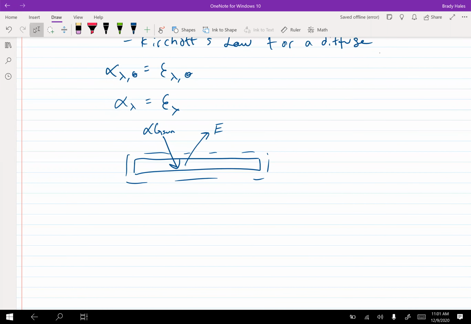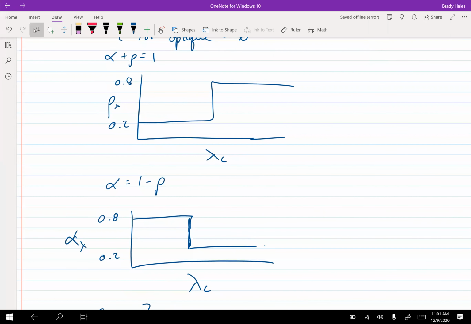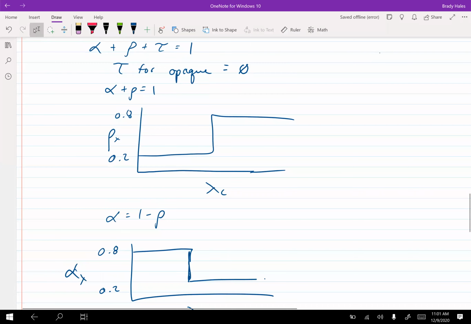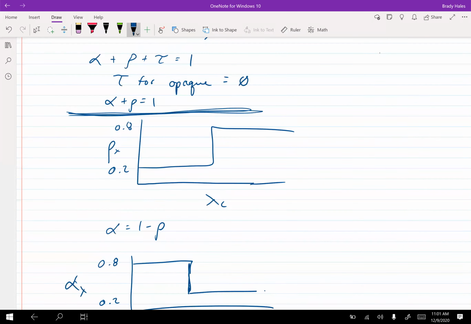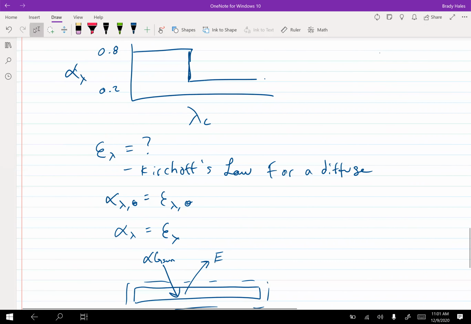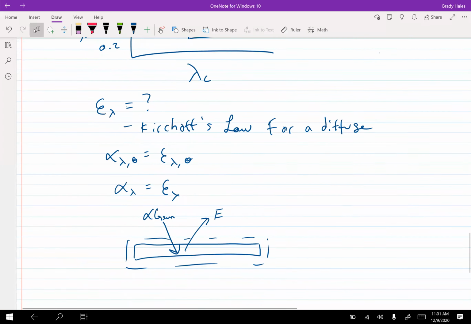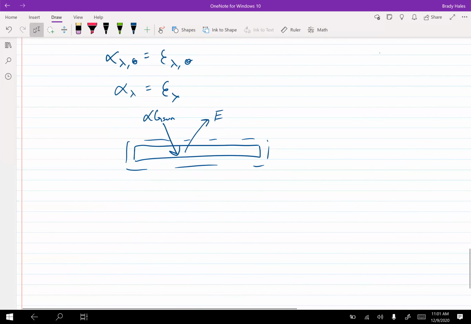Okay, so given a graph of reflectivity in your project, relate reflectivity to absorptivity for an opaque surface using this summation rule right here. And then using Kirchhoff's law for a diffuse surface, relate absorptivity to emissivity, right? Because this emissive power value is going to have an emissivity value in it, right?